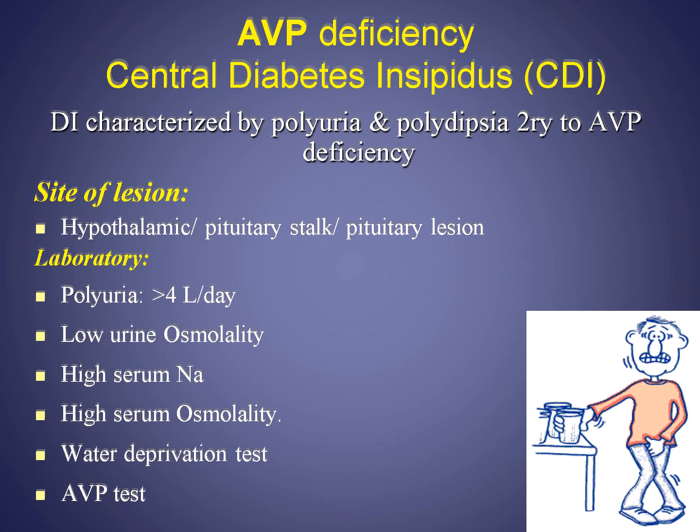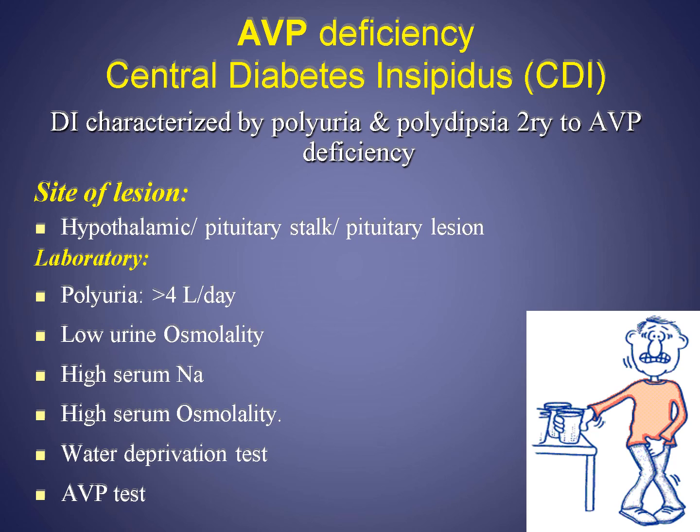AVP deficiency or ADH deficiency. The name of this disease is central diabetes insipidus. It's called diabetes because its symptoms mimic the true diabetes mellitus disease. Diabetes insipidus is characterized by polyuria and polydipsia. The child usually voids a large amount of urine and has an intense thirst sensation by day and night, secondary to AVP deficiency.